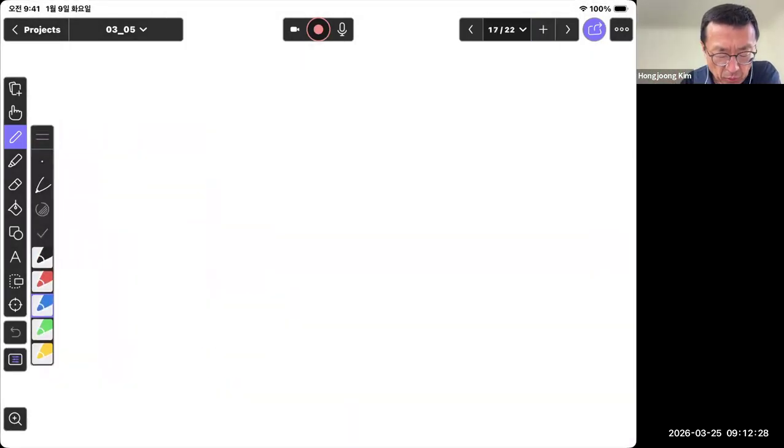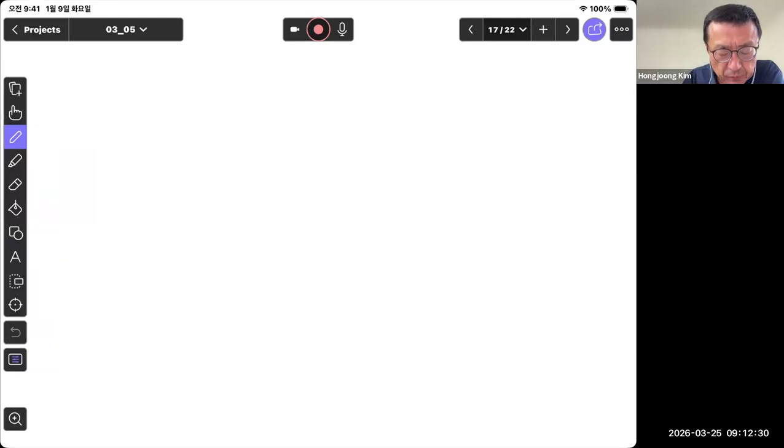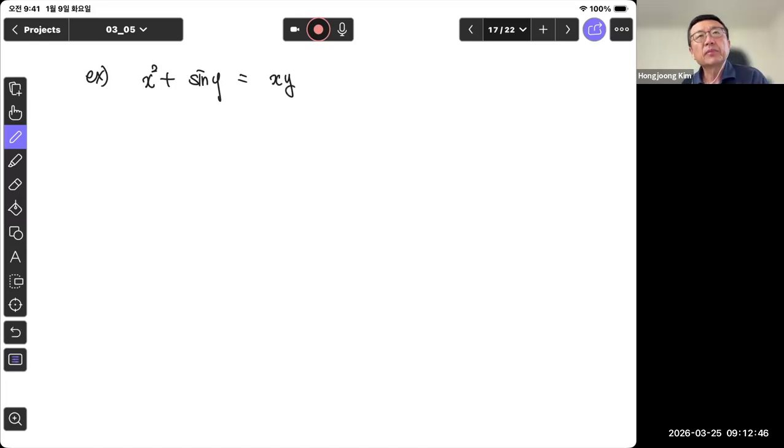Let us consider one more equation. So if I consider, say, x squared plus sine y. Previously, I considered the case when the right hand side is 0. But what if I have x times y? In that case, you need to differentiate both sides, left hand side and right hand side, with respect to x.